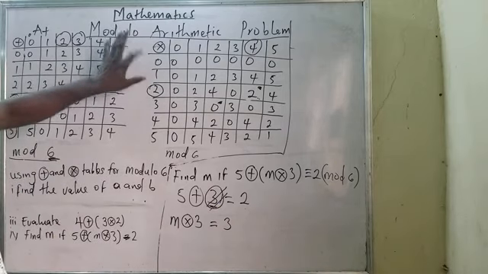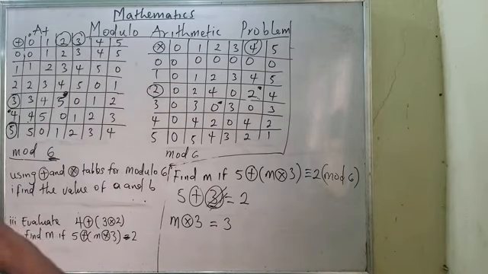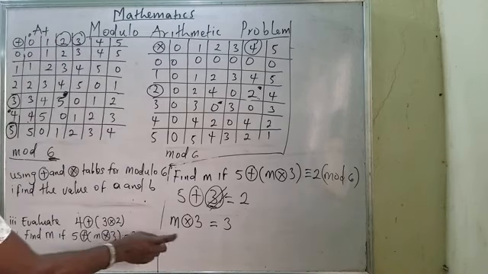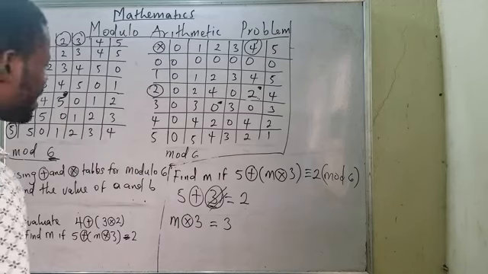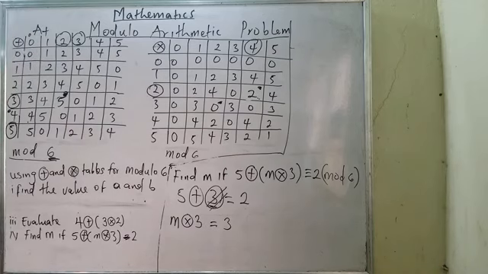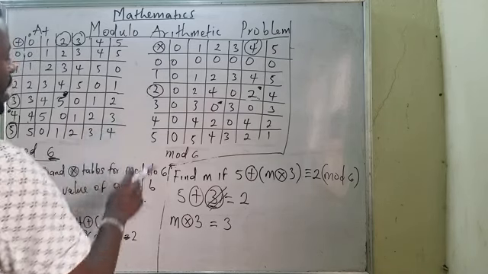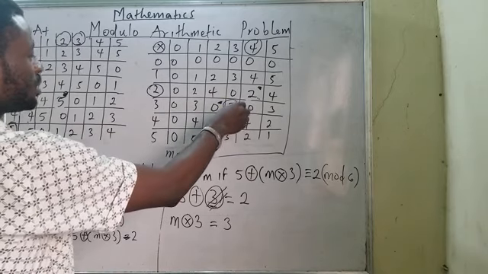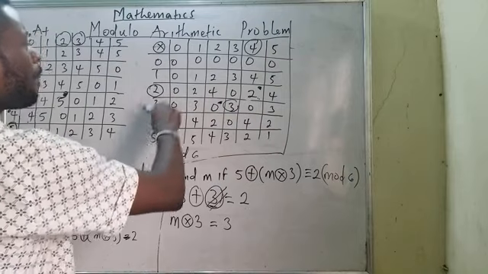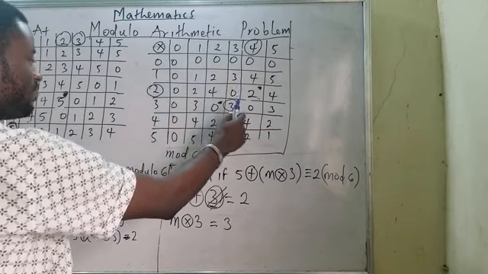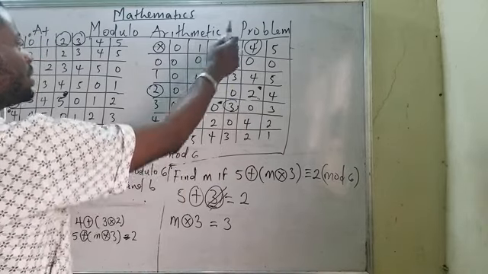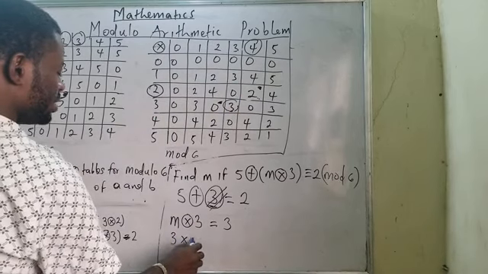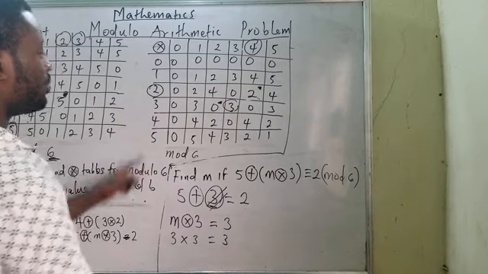What can I operate with that will give me 3? Now, a number will operate with 3 and give me 3. Now, look at this. If I have 3 here, that is the result. Now, 3 operate with 3, it will surely produce 3 from the table.